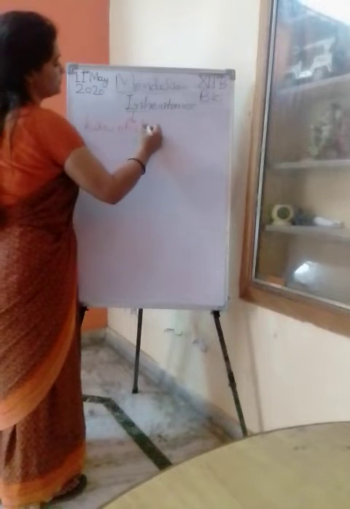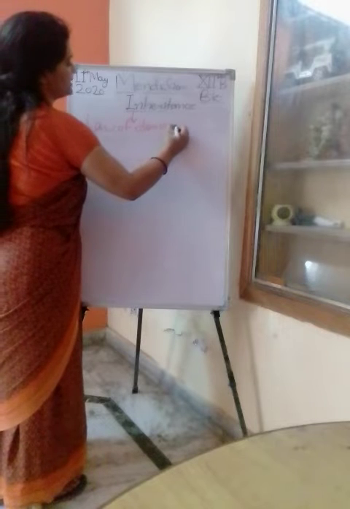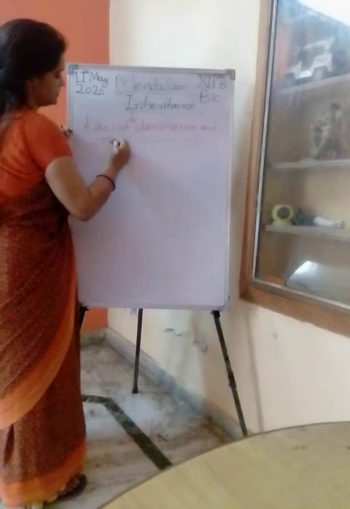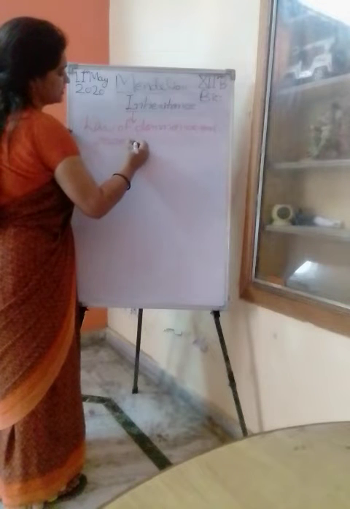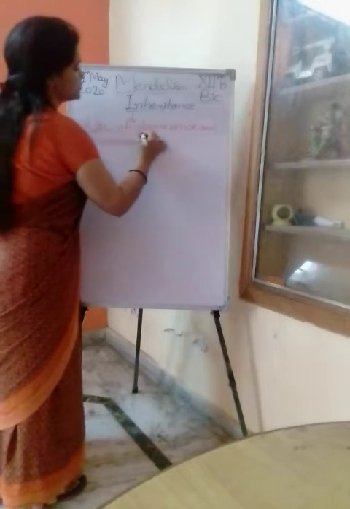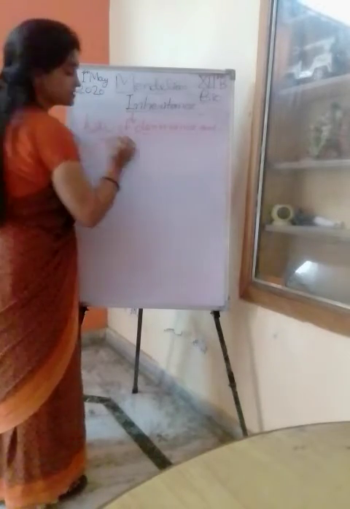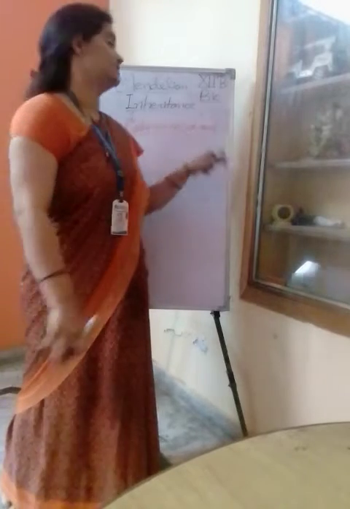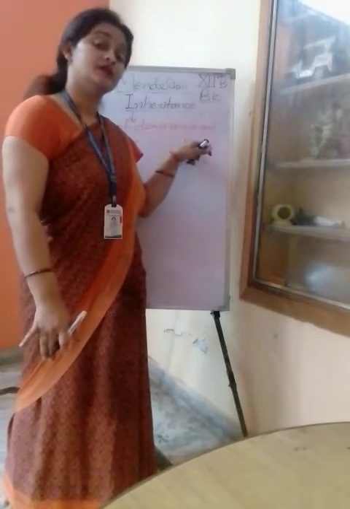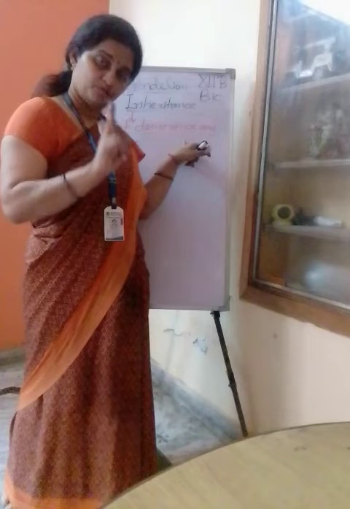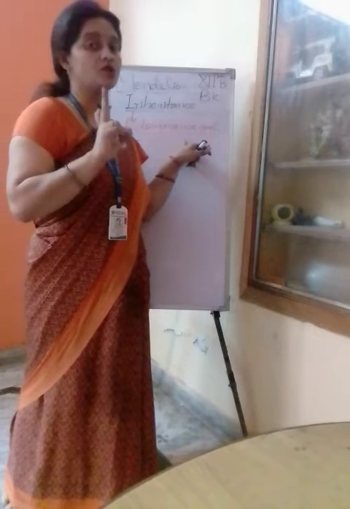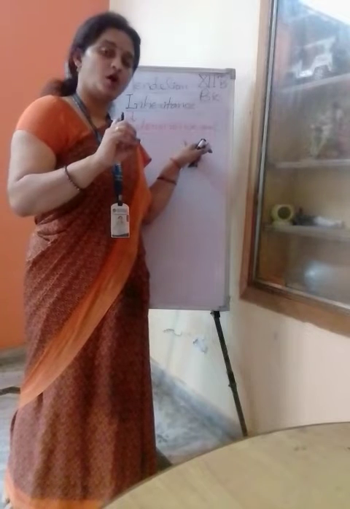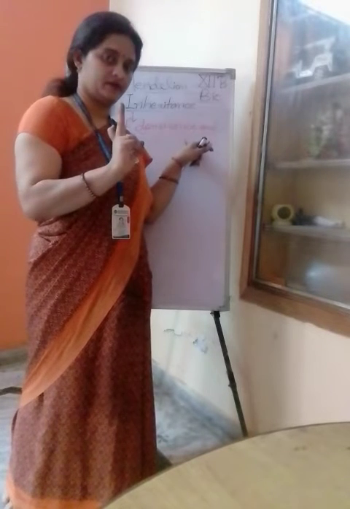Law of dominance and recessive. We have discussed the monohybrid and dihybrid cross, but this first law is related to the monohybrid cross, because we take a cross with one character.